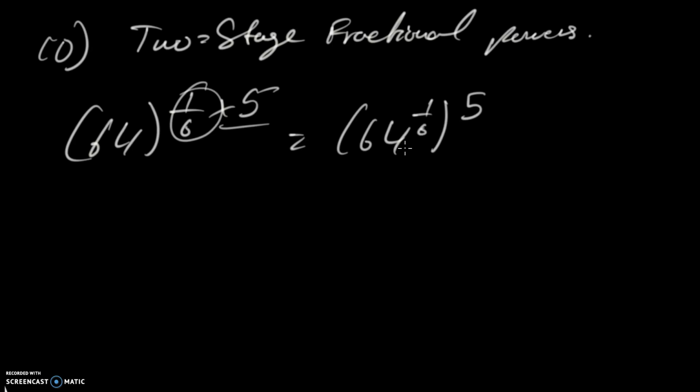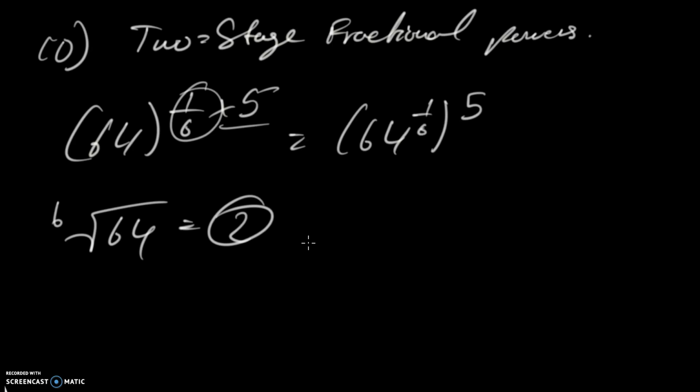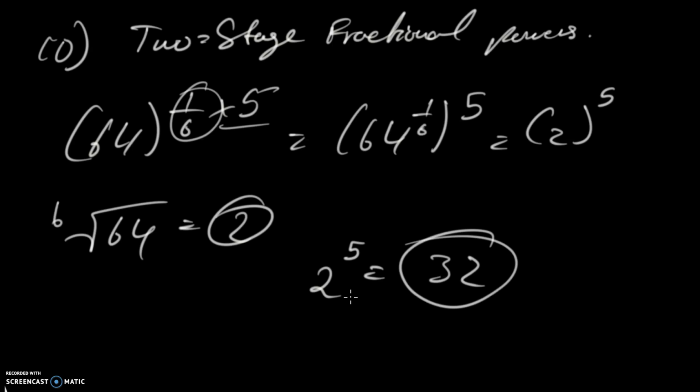Using step 9 and the rules that we did, we'd root 64 with 6, which would give us 2. Now we know that it's 2. This would then be 2 inside the bracket, to the power of 5. This would then turn into 2 to the power of 5, which is 32. That's it.